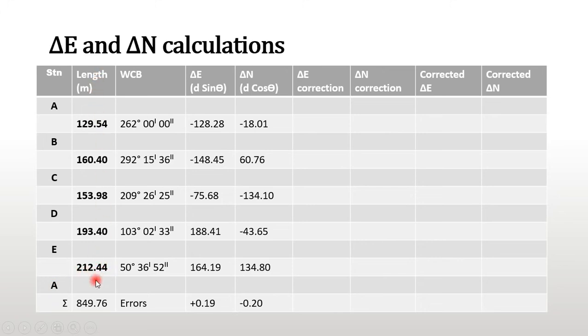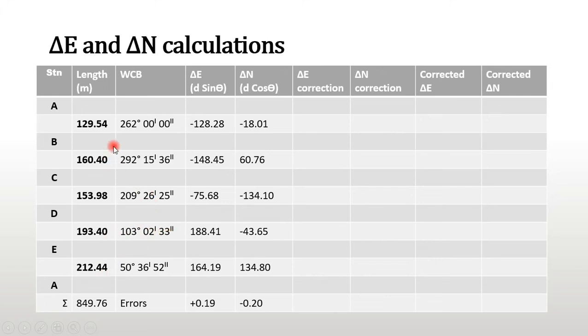So this is the column for the length in meters, and this is the column for the whole circle bearing. The whole circle bearing of the line AB, of course 262 degrees, was already given, but we calculated these other whole circle bearings. For BC, we have 292 degrees 15 minutes 36 seconds, and CD is 209 degrees 26 minutes and 25 seconds. DE is 103 degrees 02 minutes and 33 seconds, and so on.